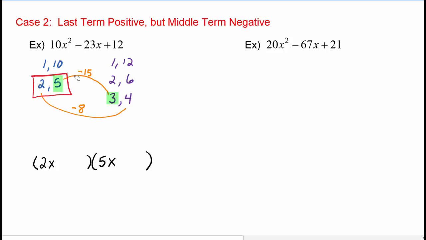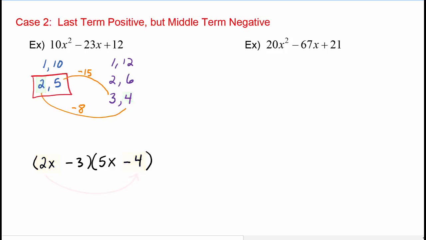So the 5 has to be tied together to the 3, and in order to get a negative 15, we're going to have to make that a negative 3, so that we have 5x times negative 3 to give us negative 15. The 2 has to be tied together with the 4, and again, because we have to get negative 8, we know I have to make this a negative 4.